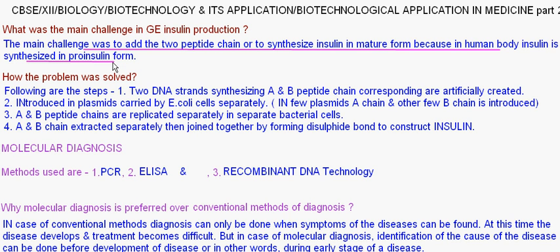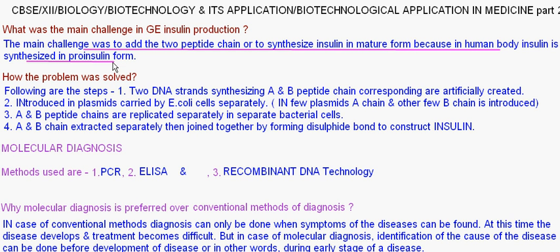Two separate DNA strands, synthesizing A and B peptide chain, are artificially constructed. First, artificial construction of two separate DNA strands synthesizing A and B peptide chain respectively.